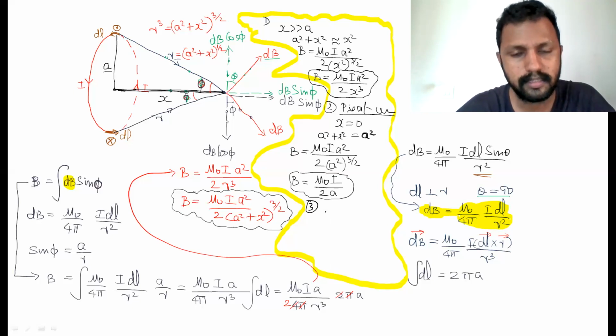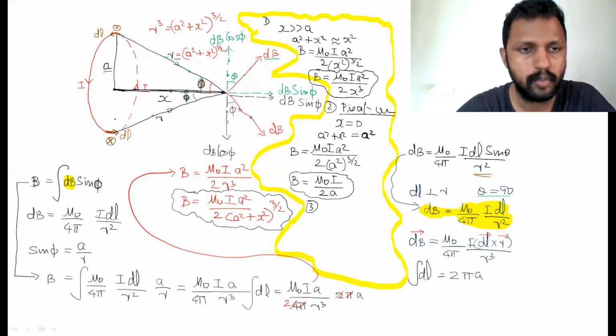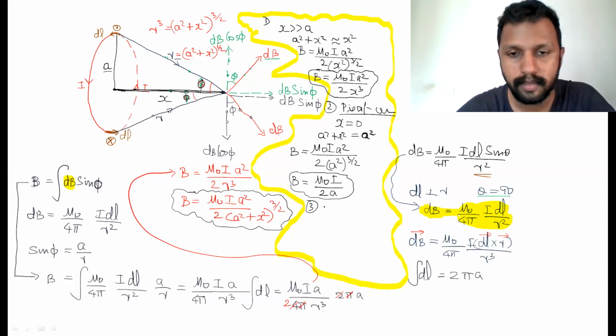Then as a third special case, let's say the loop is having n turns. On this diagram, the loop was having a single turn. But if the loop is of n turns, we could say the B value will be n times of this.